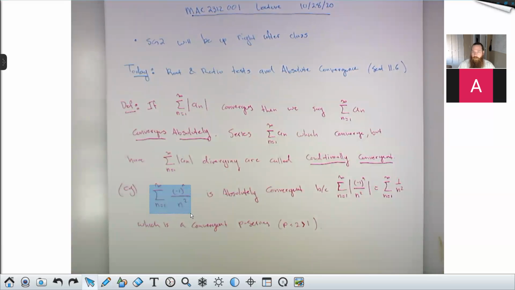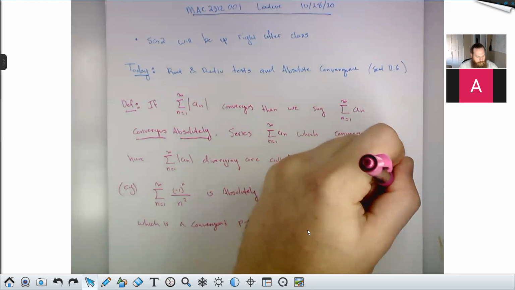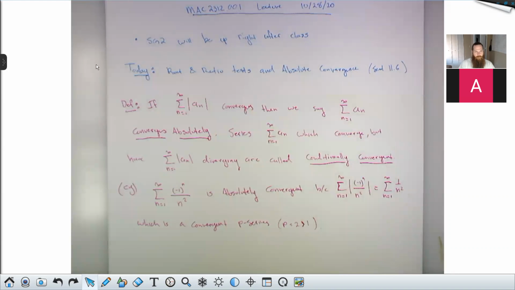So this series, this is an alternating series, right? The negative 1 to the n. My b_n's here are 1 over n squared. But if you take the absolute value inside the series, then you get a normal p-series. And this normal p-series is convergent because p here is equal to 2, which is bigger than 1. So it satisfies the definition, right? The series here is a series who, when I take absolute value inside, the result is a convergent series.